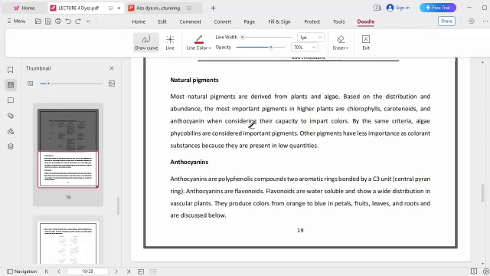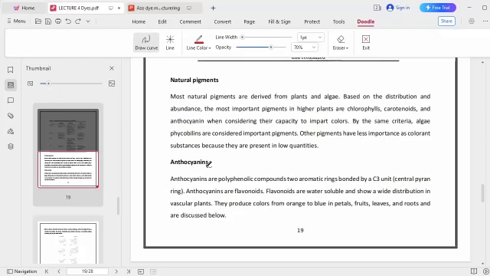And also in terms of particle size, that's another key difference, where the dyes have smaller particles when compared to pigments.